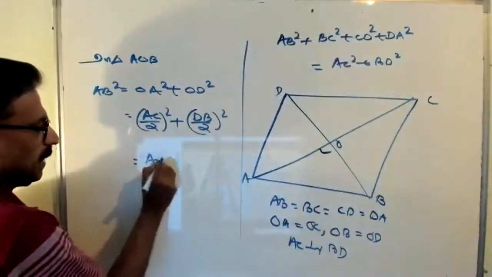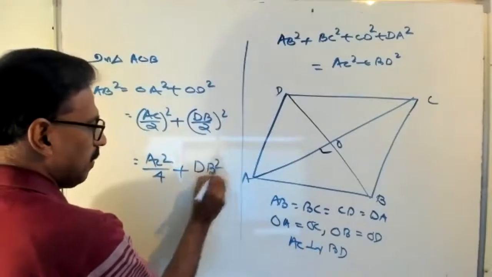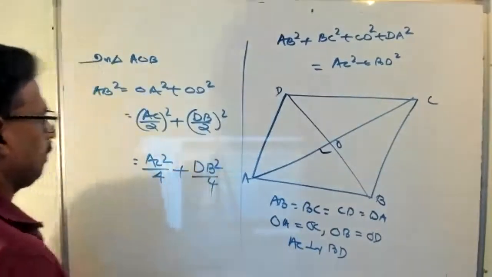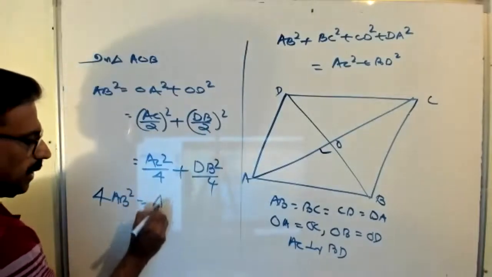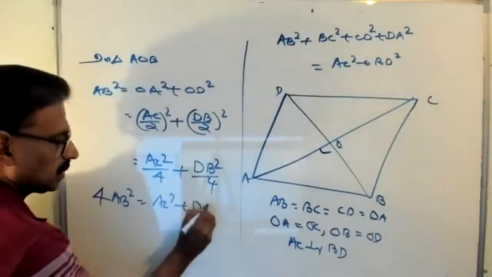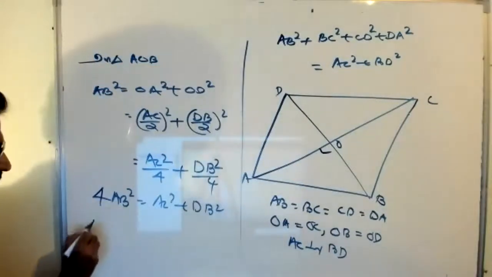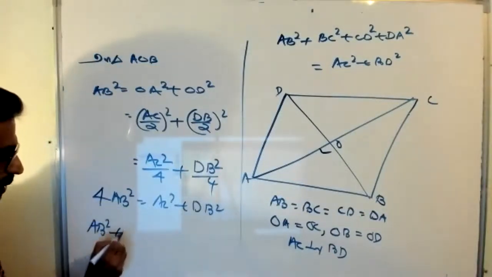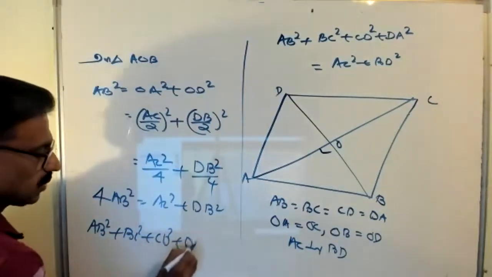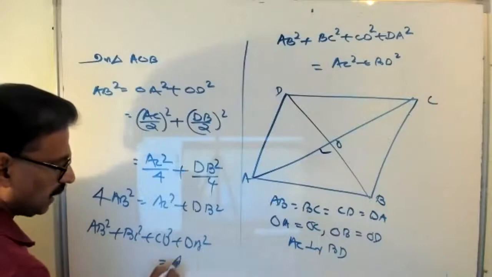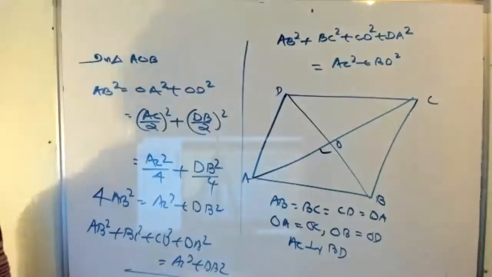So that is AC square by 4 plus DB square by 4. Multiply by 4: 4AB square equal to AC square plus DB square. 4AB square means AB square plus BC square plus CD square plus DA square equal to AC square plus DB square. Okay, copy paste. Is it okay?